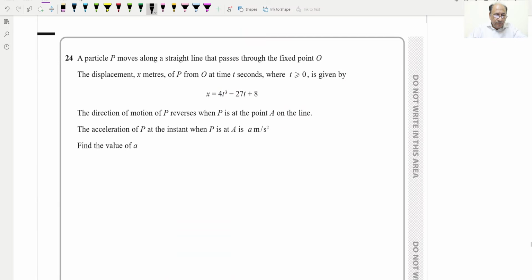Hopefully you understood this. Now this is question number 24, and question number 24 says a particle P moves along a straight line that passes through the fixed point O. The displacement x meters of P from O at time t seconds, t is greater than 0, is given by this one. This is displacement. The direction of motion of P reverses when P is at the point A on the line.